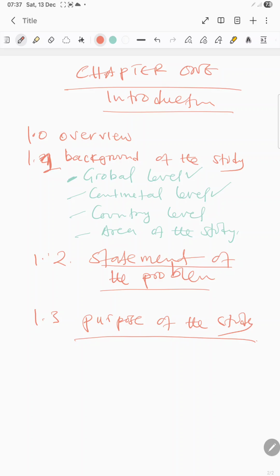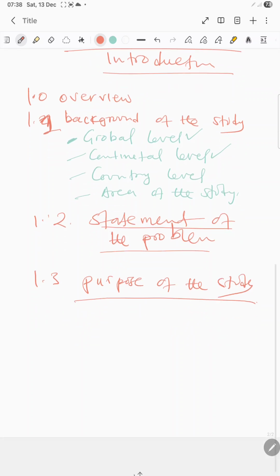So you say the purpose of this study will be to determine why learners fail mathematics at grade 12 level. All right, in which district? You mention the district, to say maybe in Lusaka district, or maybe in Chongwe district, and so forth. So that is how you write the purpose of the study. It is just the main aim of you conducting that research.